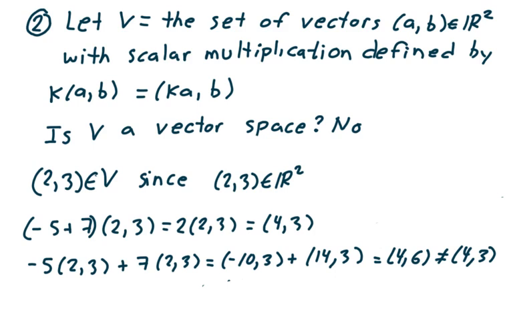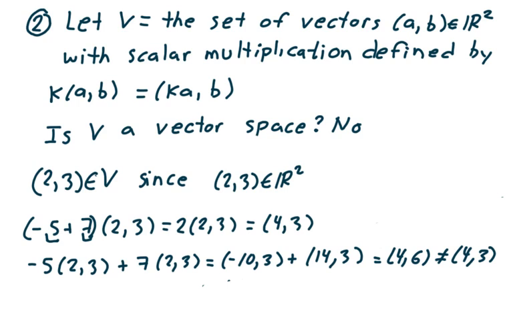Now, the vector (2, 3) does belong to V since that vector is in R2. Now, what I did was I took scalars negative 5 and positive 7. So I took the quantity negative 5 plus 7 and multiplied it by the vector (2, 3).